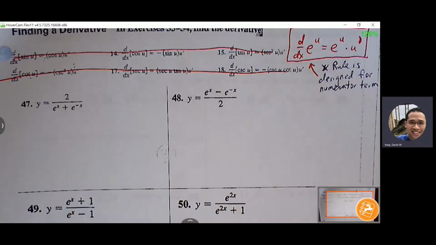Okay, and what can we do? Good. Parentheses to -1. Now, something else that I want to point out is we can't just bring the e to the x and e to the negative x up to the top and just change those exponents from 1 to negative and 1 to positive.